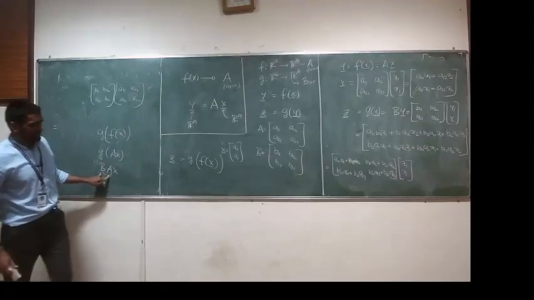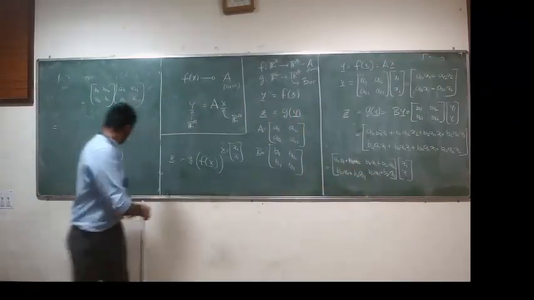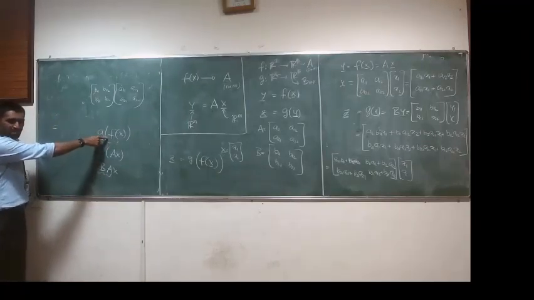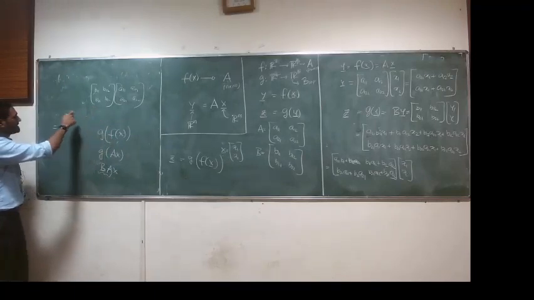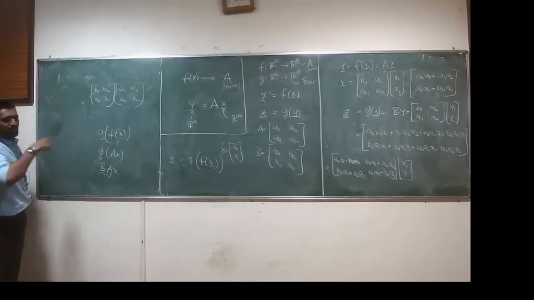The product of these two matrices comes out to be in this weird form. That's because matrix multiplication represents a composition operation. A composition operation is when you repeatedly apply functions.